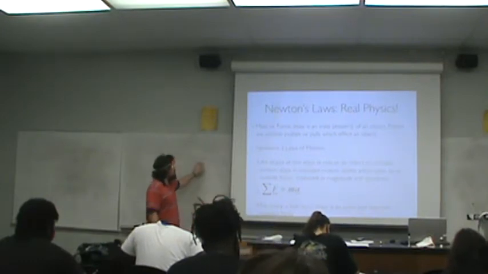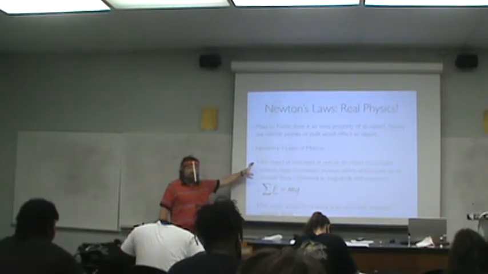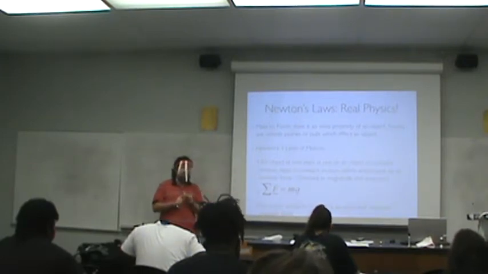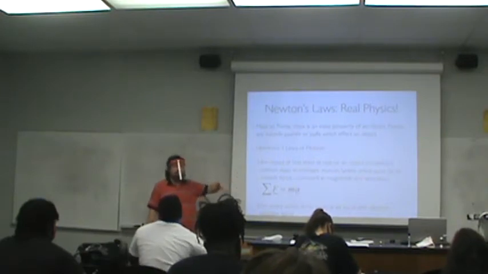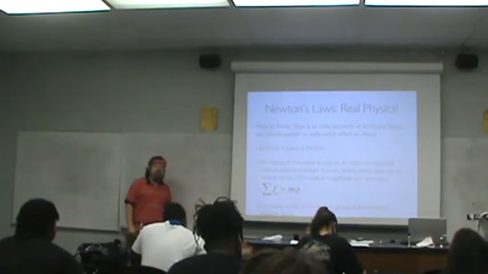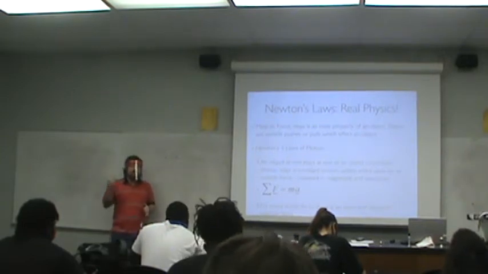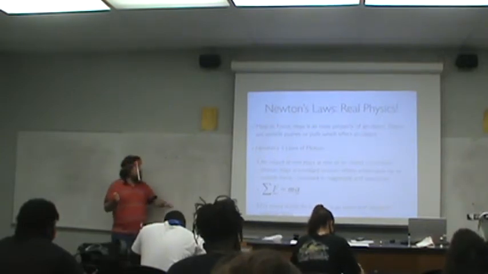This is the law of inertia because this is the definition of inertia. Objects that have mass will remain at rest or in constant motion until acted upon by an outside force. And we call that property of mass, that tendency to remain as it is, inertia.